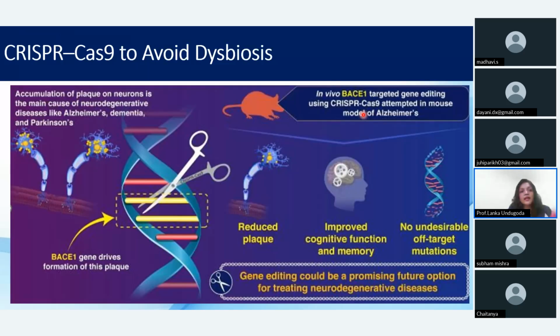Other than that, with CRISPR-Cas9, the dysbiosis strategies like this, most of the time we can do this in two ways. One way is the destruction of the pathogenic bacteria inside the microbiome.